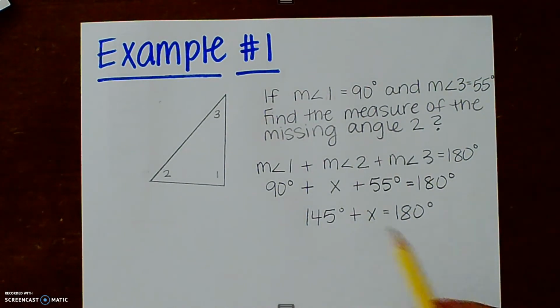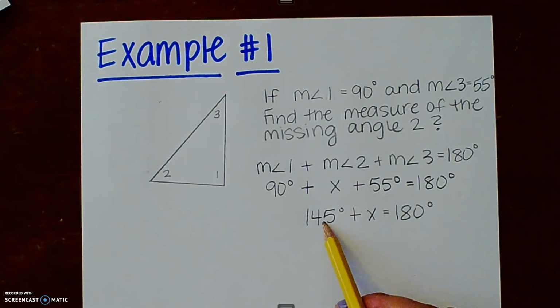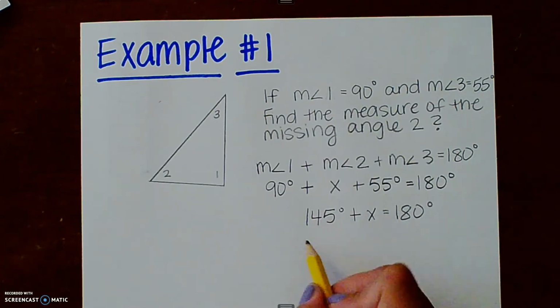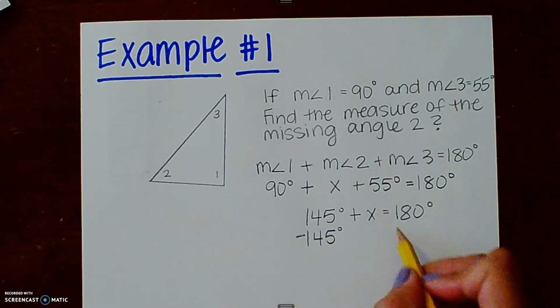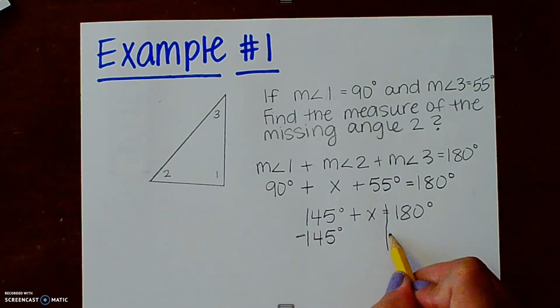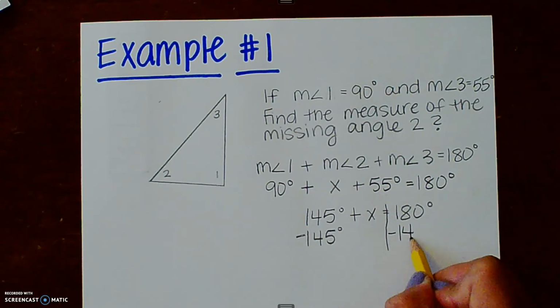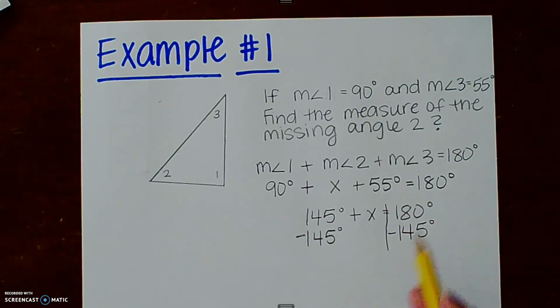And again, just like with our recap, I want to still have x by itself. So I need to get rid of this 145 degrees by creating 0 pairs. And again, this is a positive, so I want to go ahead and get this minus or this negative. You can draw the line down here too to help you remember. And again, what I do to one side of the equal sign, I must do to the other to keep my equation balanced. Here, this creates a 0 pair.